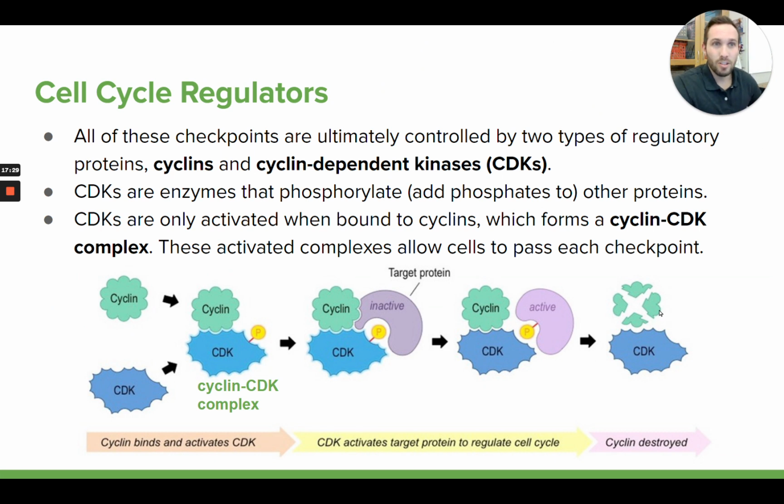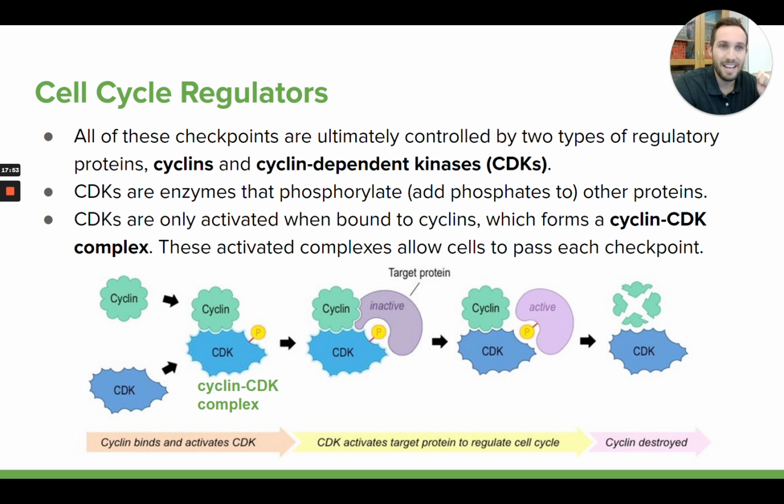So it's a good way to regulate and make sure things are happening correctly inside of a cell that's trying to divide. Now, to continue in more detail about how this is all taking place on a molecular level, it gets kind of confusing. And so we're going to go through something that's going to seem a little tricky at first, and I'll try my best to make it make sense.